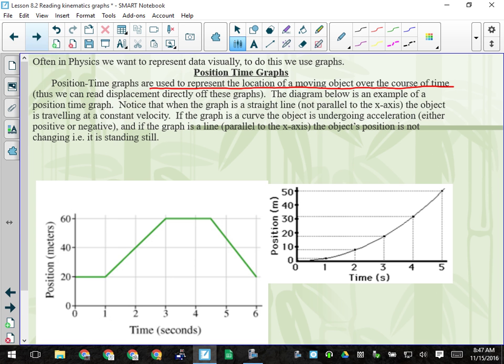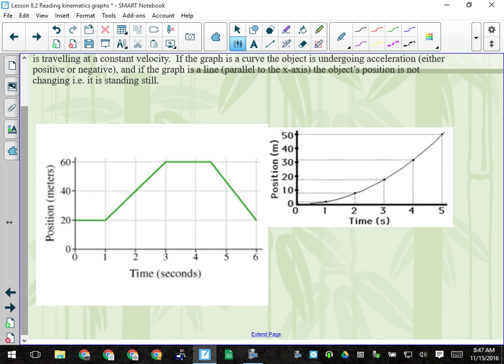So if I'm looking at, let's say, this first example here as a position versus time graph, what is this first part of the graph saying the object is doing? It's not moving, right? How do I know it's not moving? It's flat and its position is not changing, right?